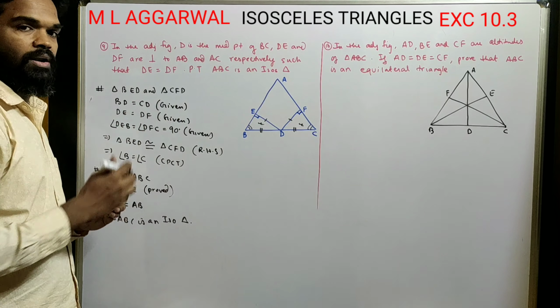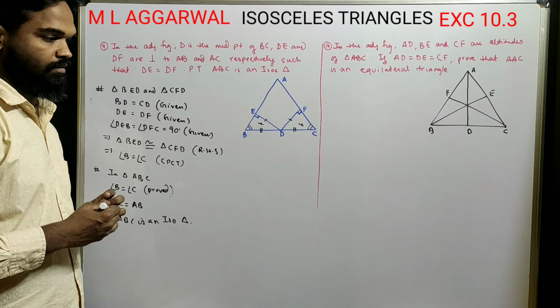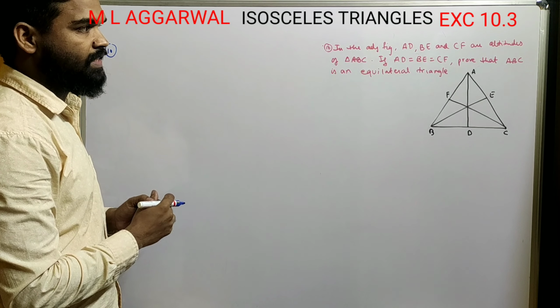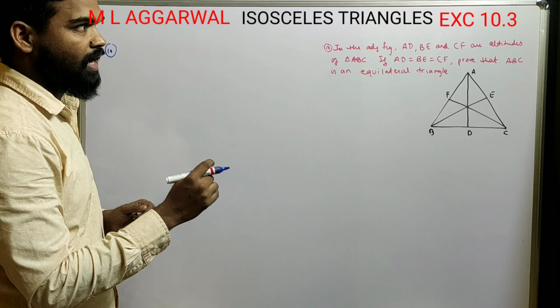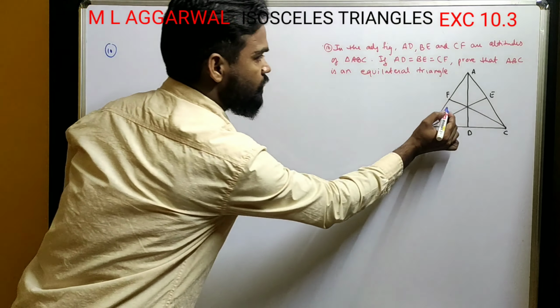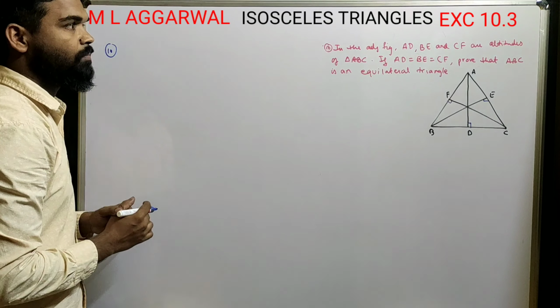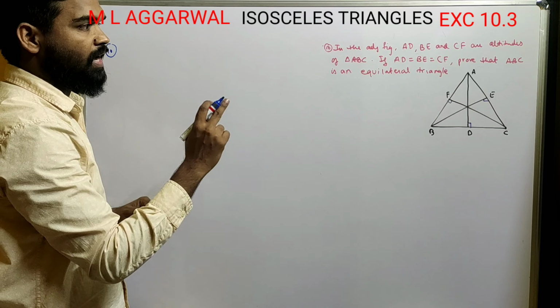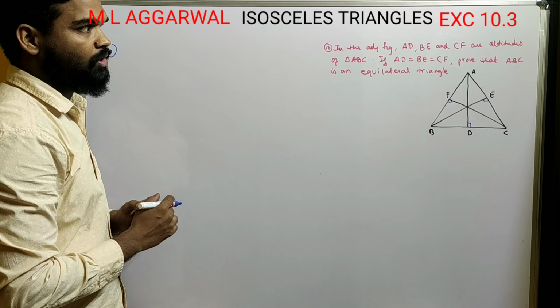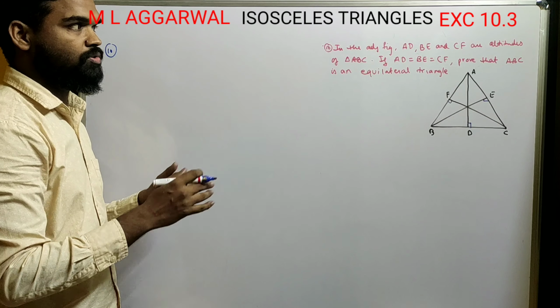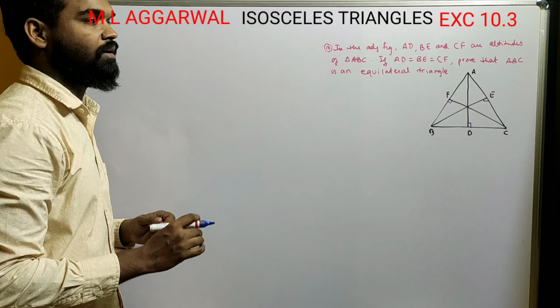Done. Now let us look at sum number 10. In the adjoining figure, AD, BE and CF are altitudes, which means this and this are 90 degrees each. If AD is equal to BE equals to CF, means all the altitudes are equal. Prove that ABC is an equilateral triangle.